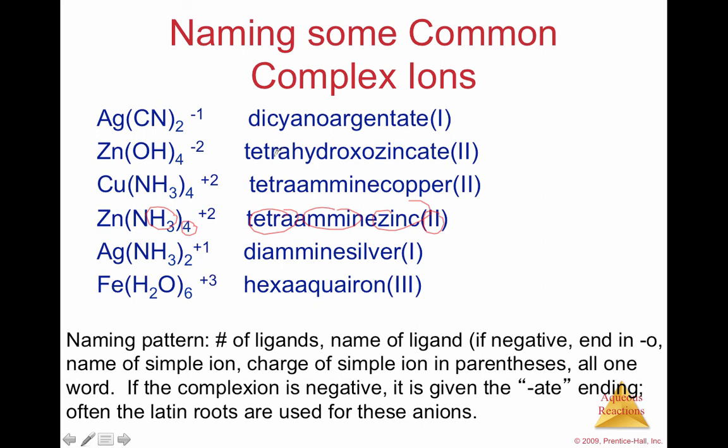For example, here we have 2 cyano ligands, argentate, argent for the silver, and the ate saying it's a -1. Again, you don't have to know how to name complex ions. You just have to be familiar with them, so if you see them, you're not confused.